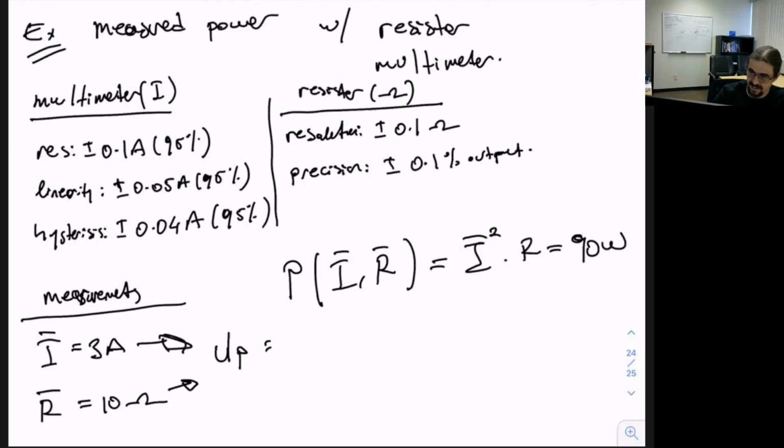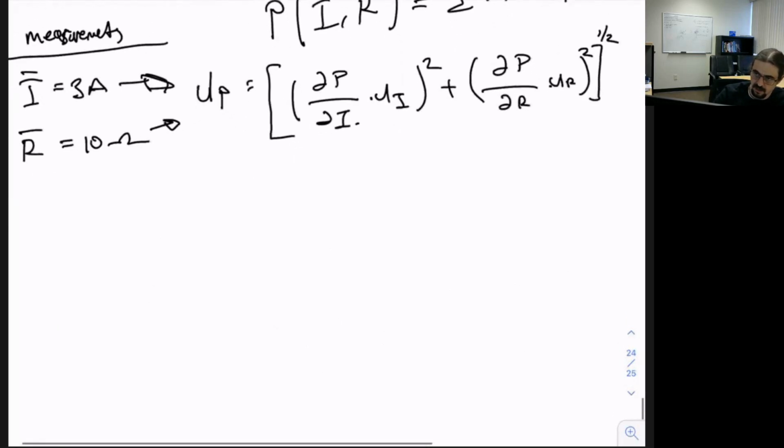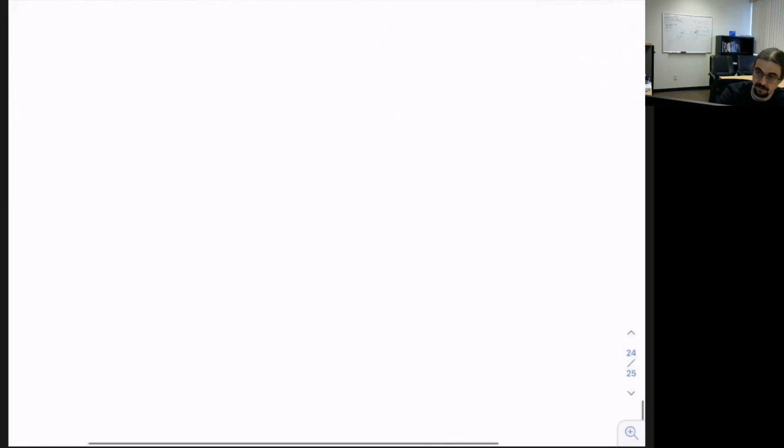Okay, UP is defined as, let's write the definition here since we have only two variables, the square root of (delta P over delta I times UI) squared plus (delta P over delta R times UR) squared. Okay, so let's start with the uncertainty of our multimeter and go from there.